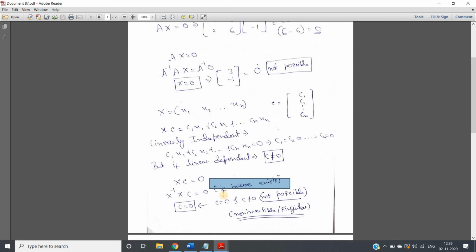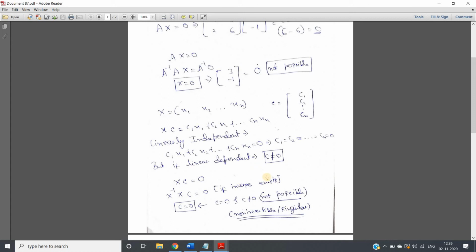So the conclusion is, if one column is a linear function of one or more other columns of a particular matrix, then the inverse does not exist for that matrix, and that type of matrix we call a non-invertible or singular matrix. Remember this.